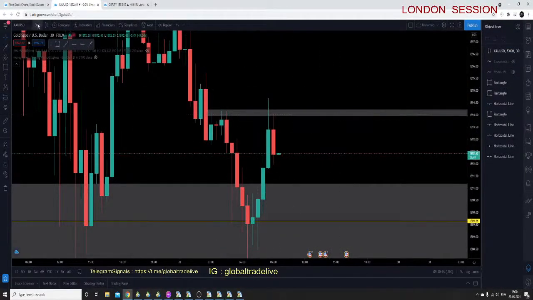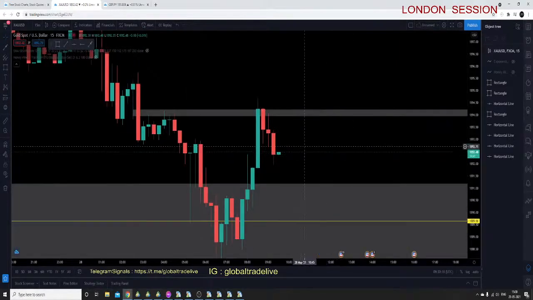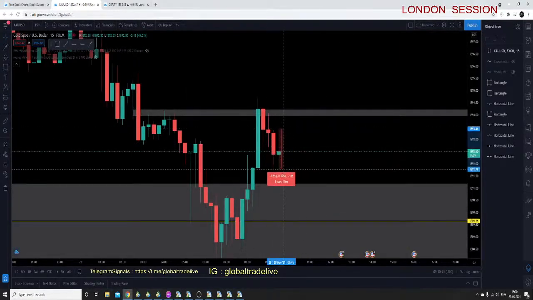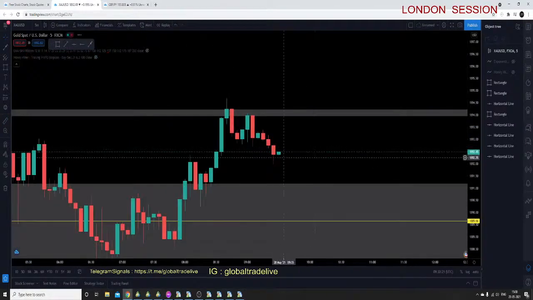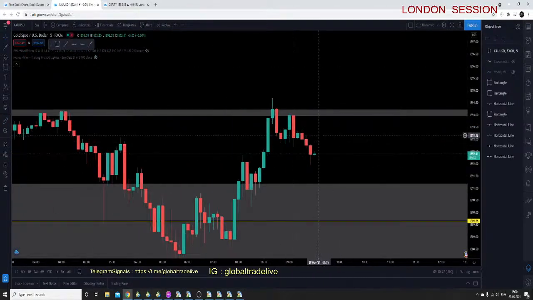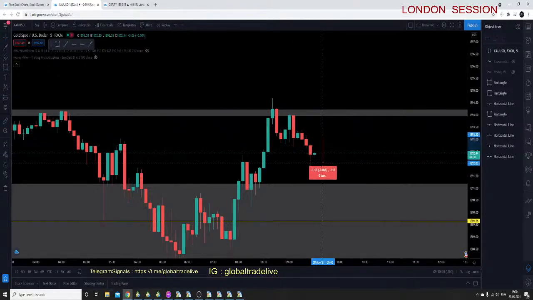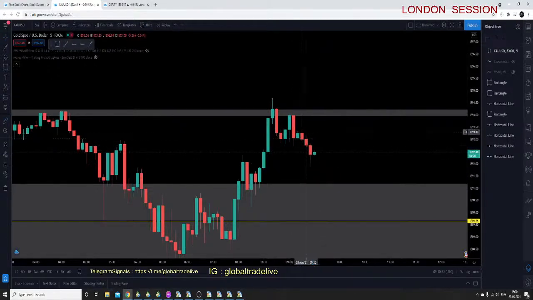Okay, so let's check where our stops should be here. Stops can be above the high of the previous 15-minute candle or this 5-minute candle over here.